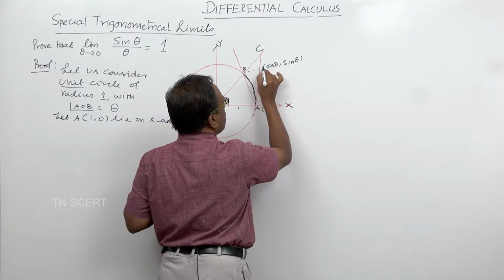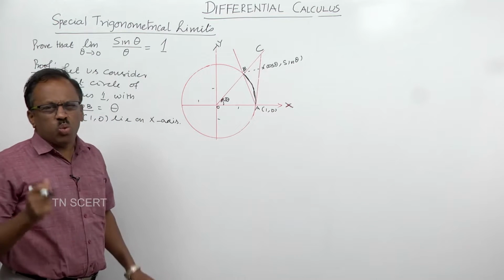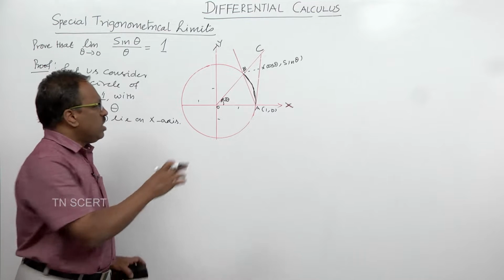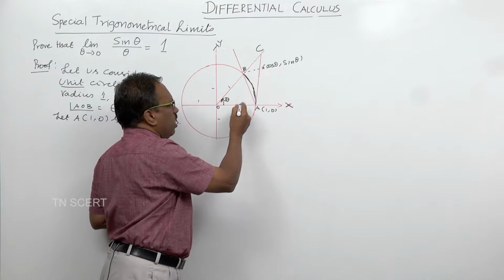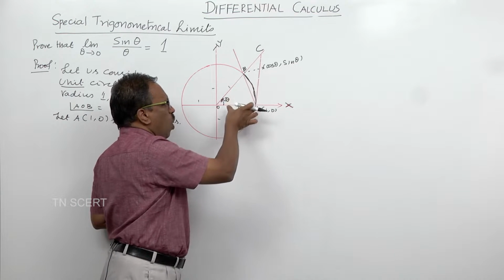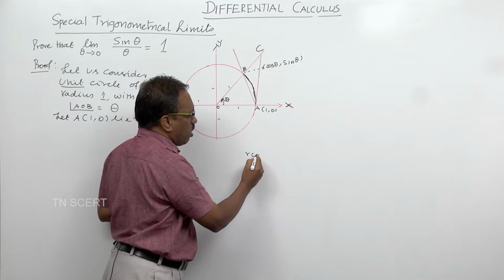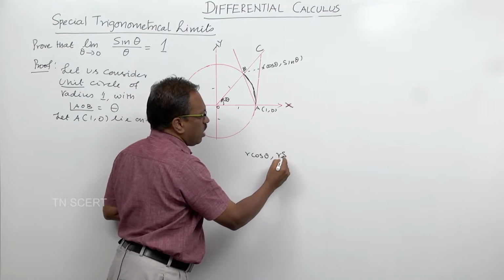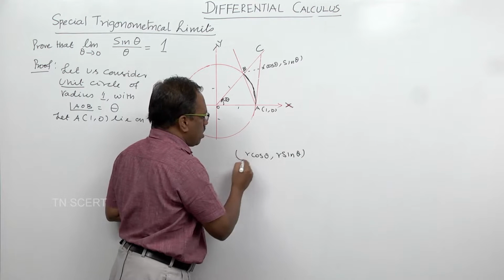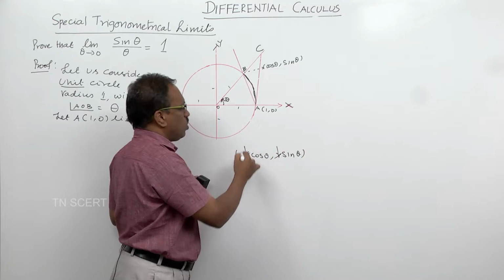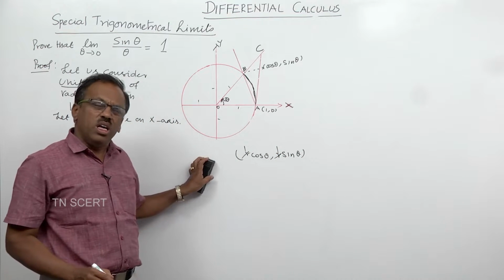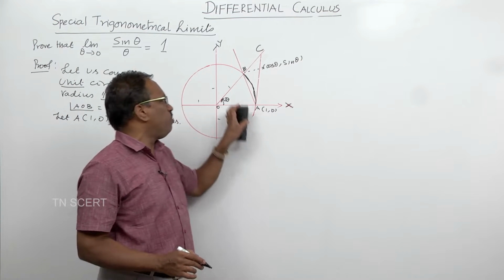Since the radius is 1, obviously in polar form r cos theta, r sin theta, instead of r it is 1, so that means cos theta comma sin theta is the value of B here.